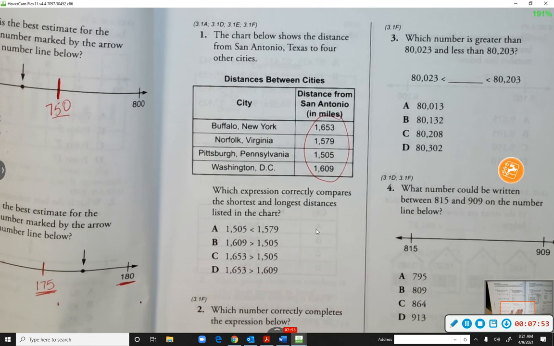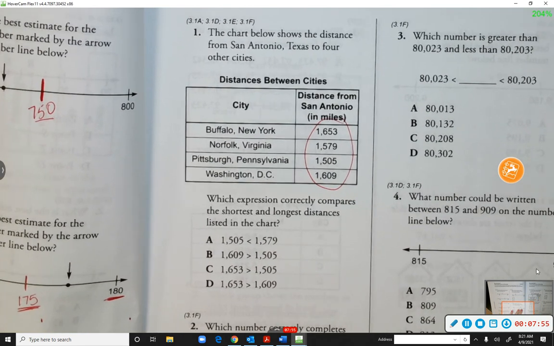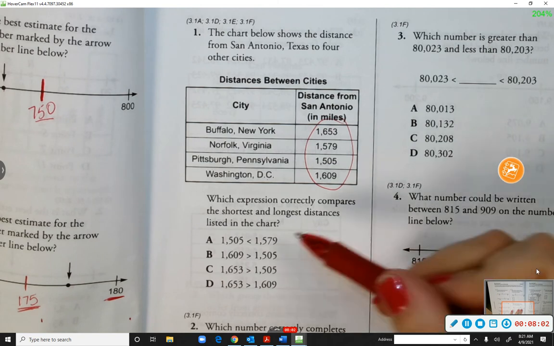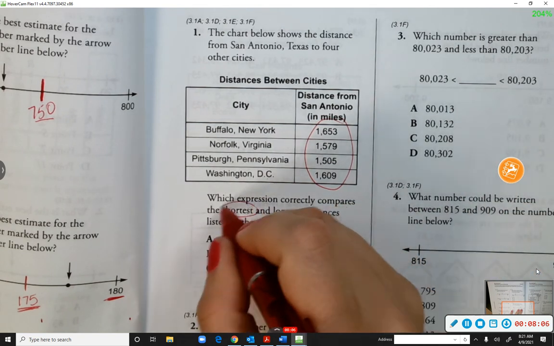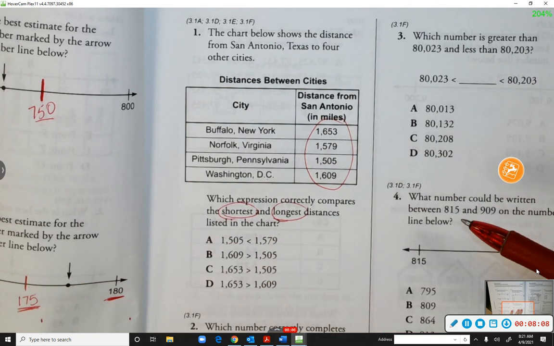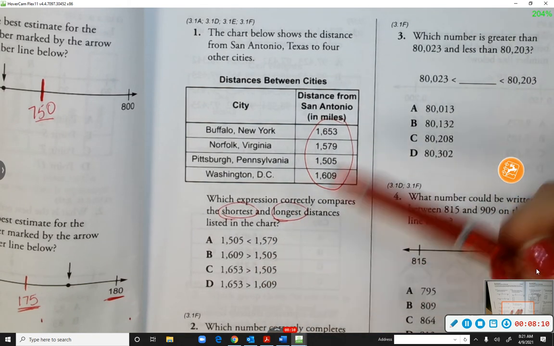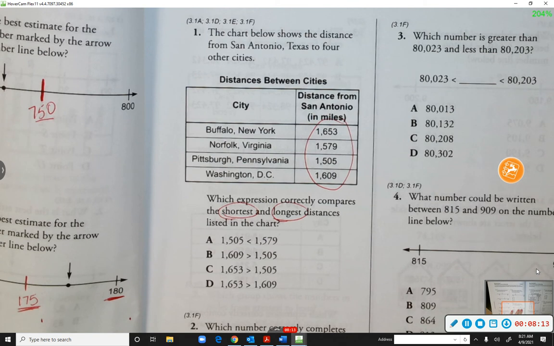It says, which expression correctly compares the shortest and longest distances listed in the chart? Okay? So we don't want to just pick the one that is correct. We have to make sure it's using the shortest and the longest. Okay? So the shortest is which one?